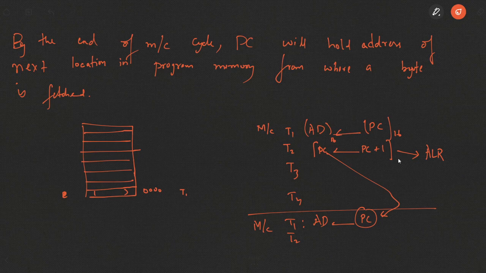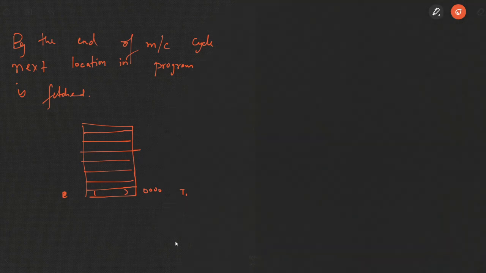The function of the ALR is only to help increment the program counter by 1 in every T2 state of every machine cycle. Once we start with the instructions and programming, these things will become clearer. The program counter keeps track of the address of the instruction that is being executed, not the instruction itself.